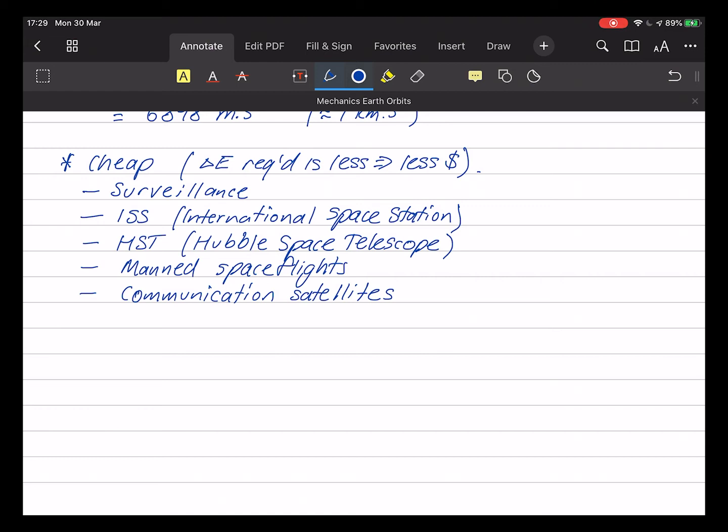So you want those to be as low as possible. So if you want to service the entire Earth, you put them into low Earth orbit. And you have a lot of them.